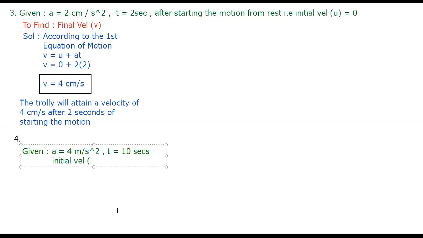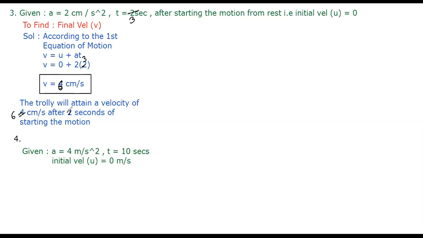Initial velocity u is equal to 0 meter per second. Now make the necessary changes in the first part, all of you. This t was 3 seconds, so 2 into 3, 6 should be the answer. Yes or no?